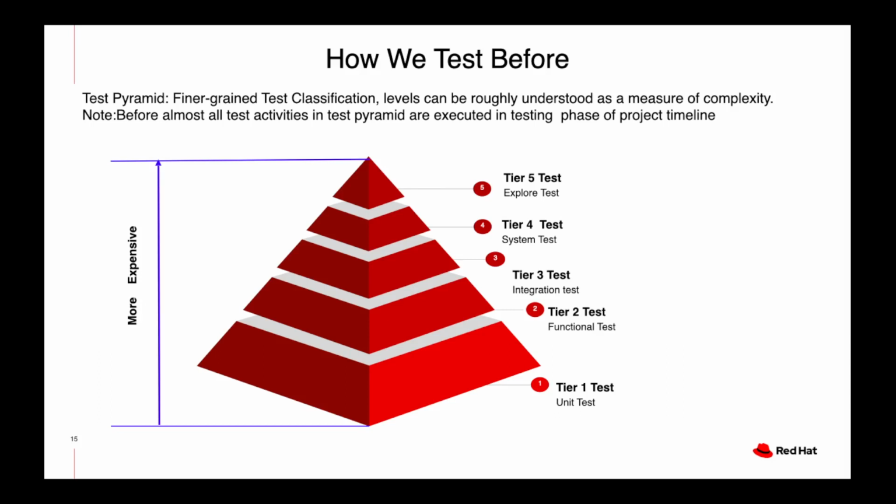Starting from the bottom, Tier 1 tests typically represent unit tests. To the top, Tier 5 tests typically represent UI or export tests.